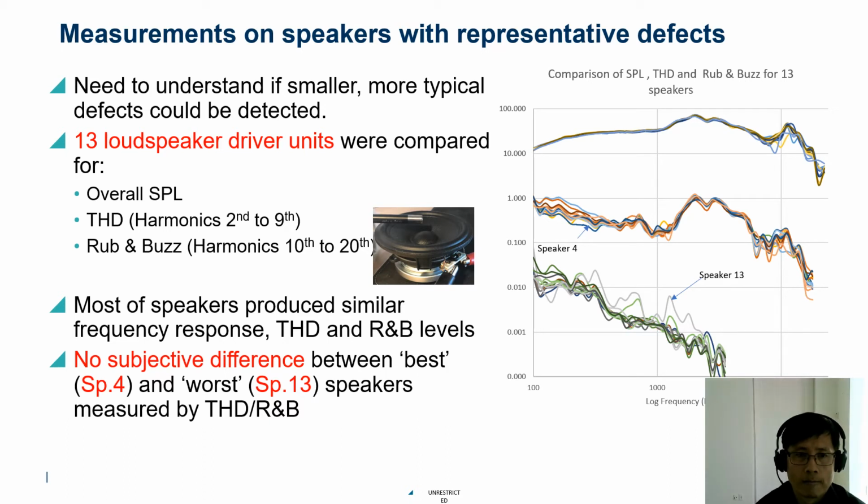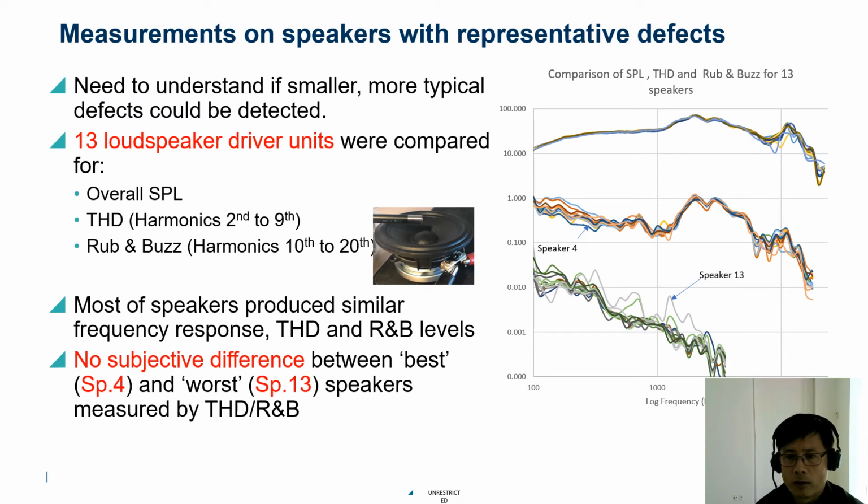To make it more realistic and apply to smaller changes of physical setup, we selected 13 loudspeaker driver units and tested them on overall SPL, THD and Rub and Buzz. Overall SPL is basically the frequency response function. The results are shown in the figure.